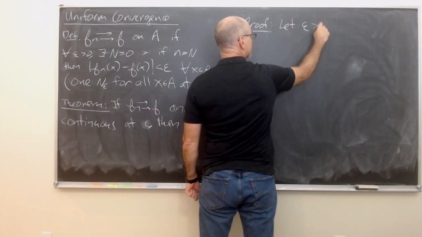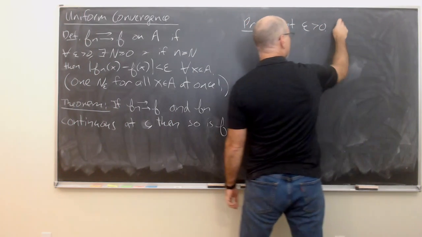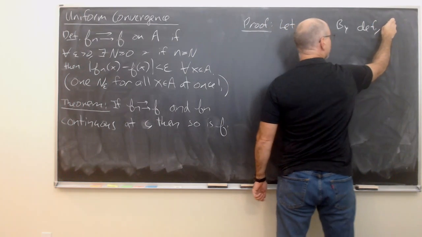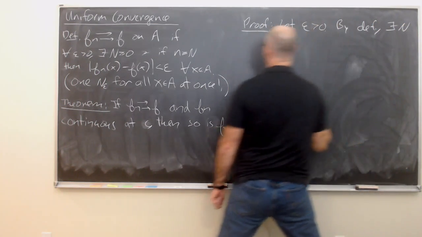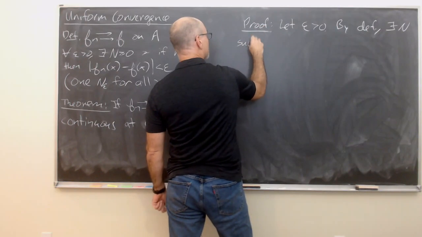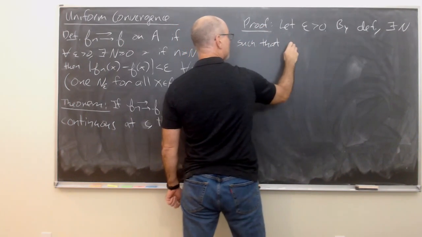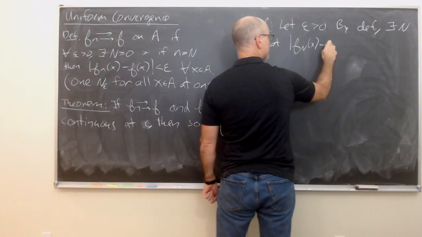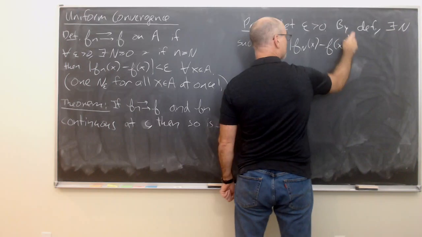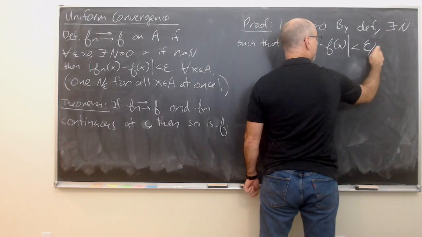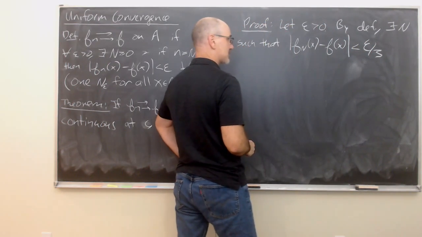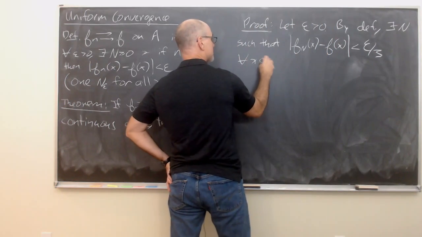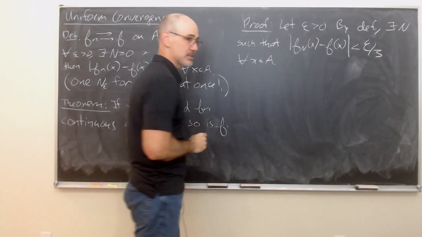Let epsilon be bigger than 0. Then, by definition, there exists capital N such that if I go that far out in my sequence, I can make the function difference less than epsilon over 3. And this is true for all x in A at the same time.